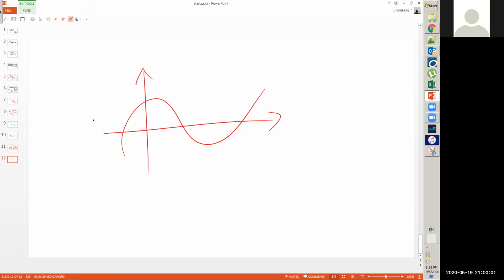So here, how many intersection points do you have? 1, 2, 3. You get 3 intersection points already by doing this. Then to have 4, how do you have 4? Let's extend.